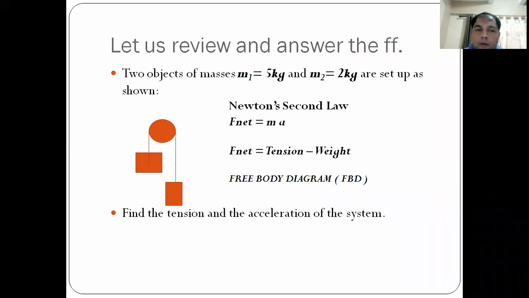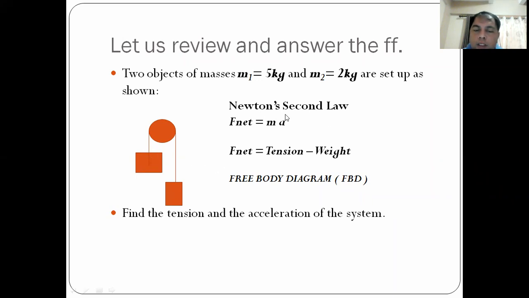Now we realize that when this is able to move, the heavier or bigger mass will eventually slide down while the other one will move up. So acceleration will occur in two separate directions. If we split these two objects, we will see that each object has a tension and a weight.